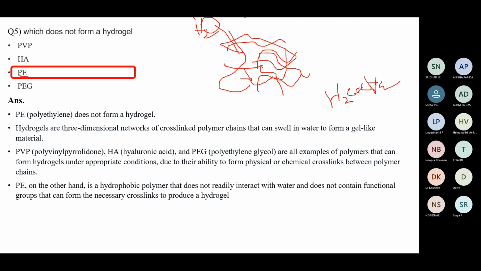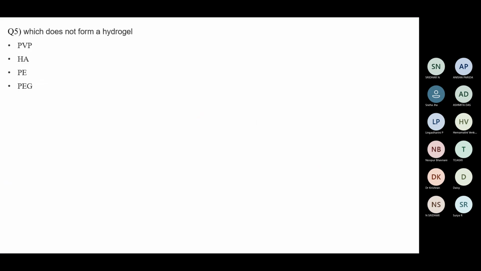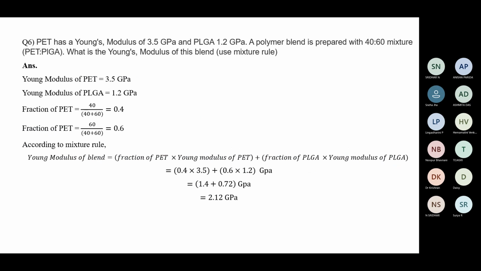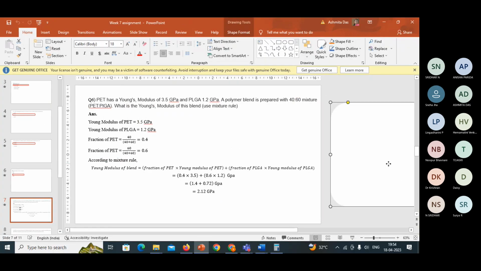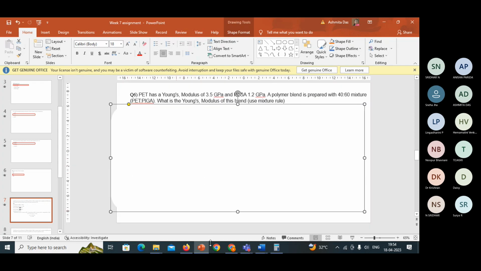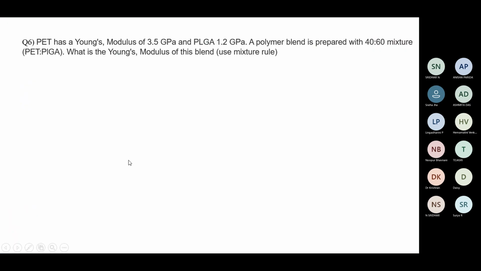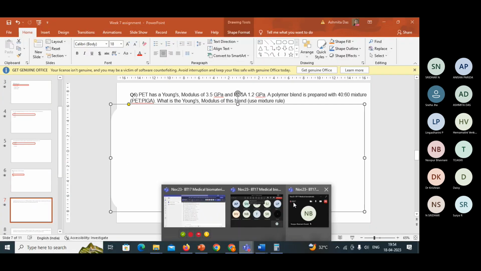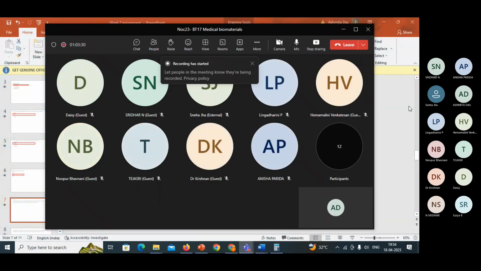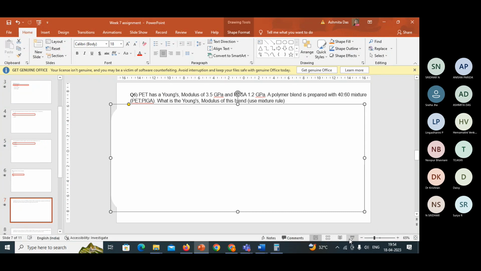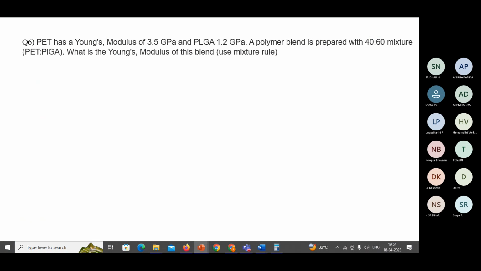Okay, so the next question is: PET has a Young modulus of 3.5 GPa and PLGA has 1.2 GPa.